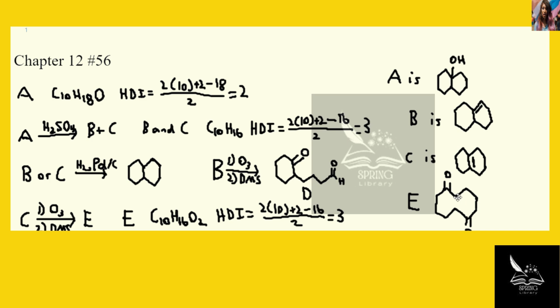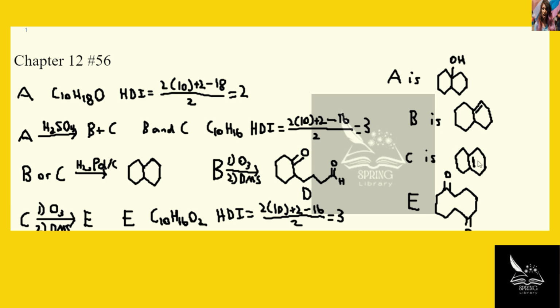Since we know that is E, we can then reconnect the carbonyls, and that gives us C. If we shift this ring around one position clockwise, the carbonyls would be here, and we could connect them, and we would get C.